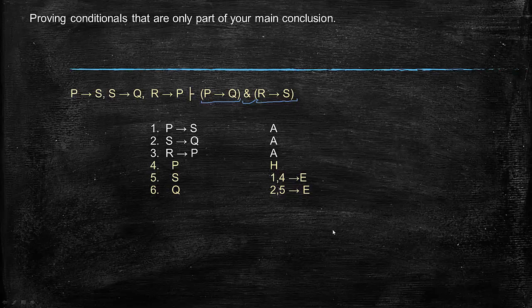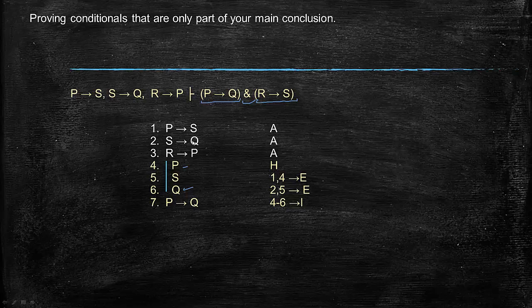So 1, 4, and 2, 5, conditional elimination. And then you'll notice that on the basis of your hypothesis P, you have derived Q. So at that point you say, aha, if P then Q. I've just demonstrated if P then Q.